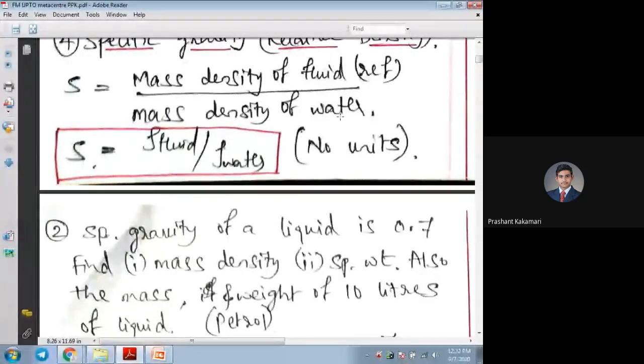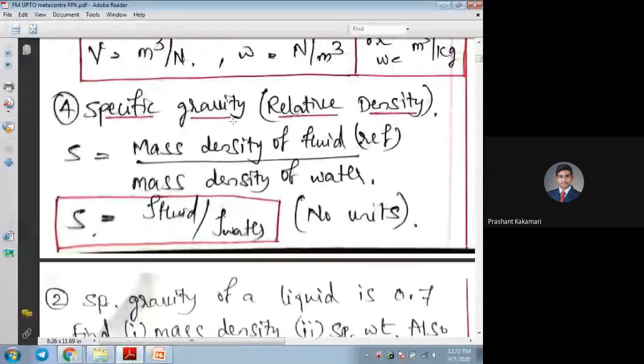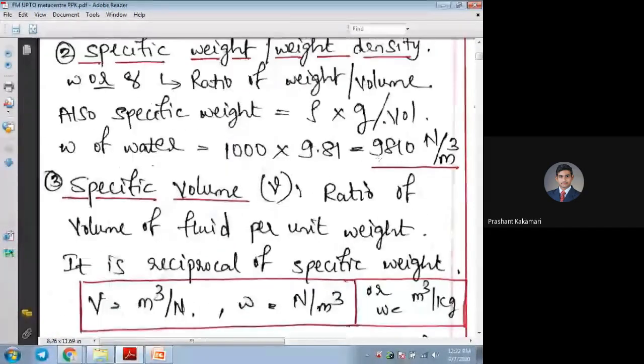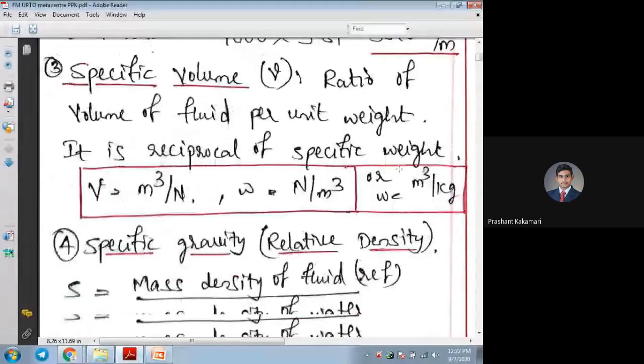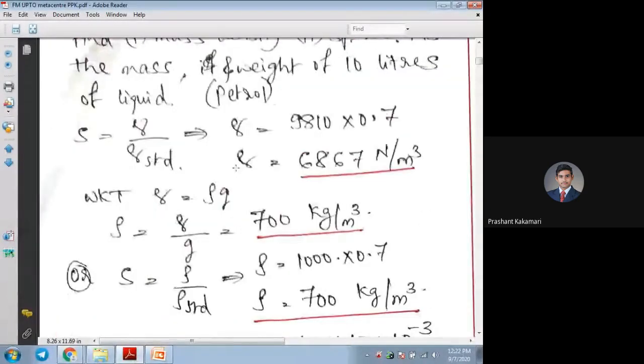In this case, one should know the weight density of the water. That we have discussed: weight density in Newton per meter cube is 9810. From this also you can find out the weight density of the given petrol. How much are you getting? You can find out the values in any way.